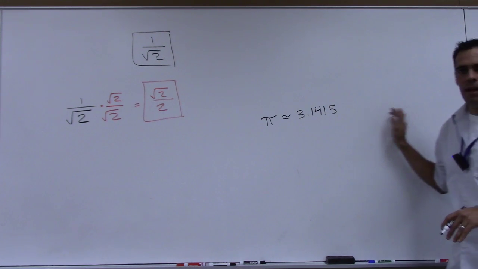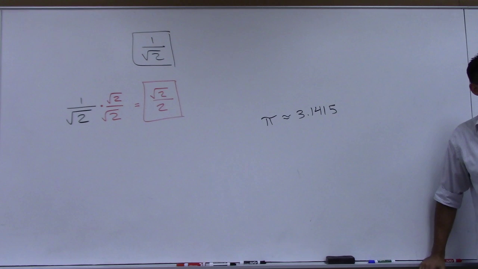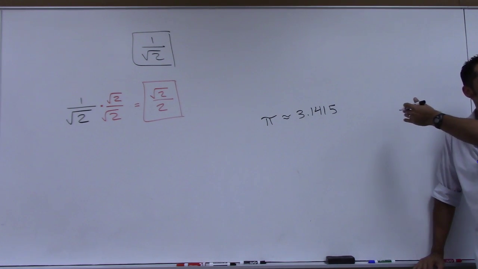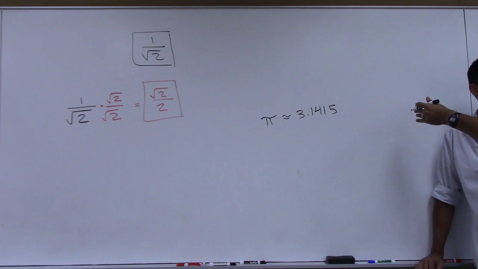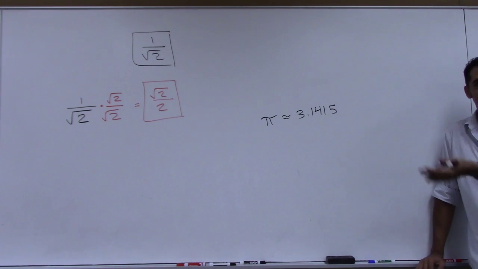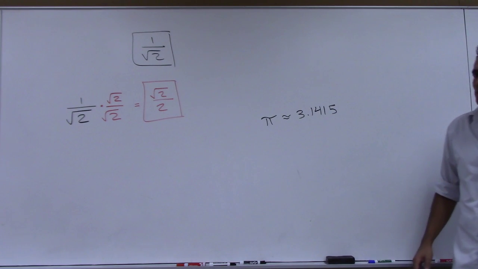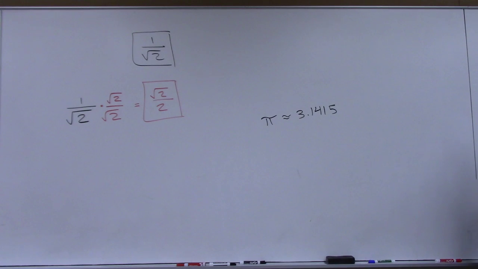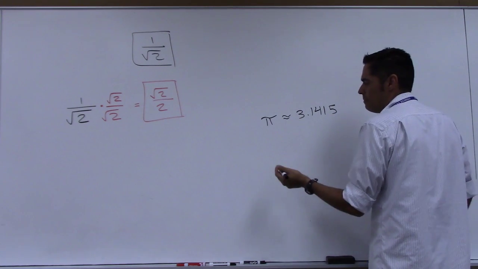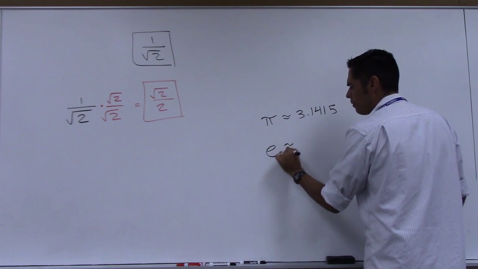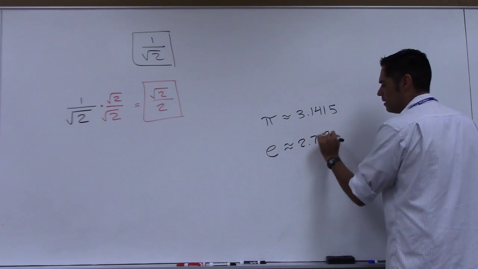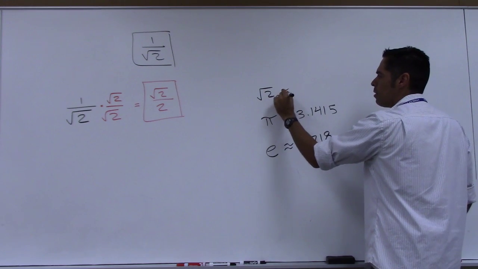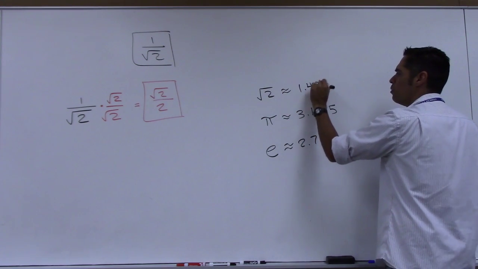I know people that actually work here that are in their 60s that at one point in time had pi memorized out 120 digits and still know it at least 60. Because they didn't have somewhere to go. Now, you could look it up online, you could get it out in millions and millions of digits. Who cares? But there were other numbers that came up a lot in mathematics, like e, which is approximately 2.718. And then there were some other ones, like root 2 would come up a lot, and that's approximately 1.414.